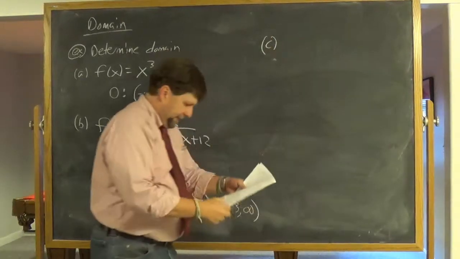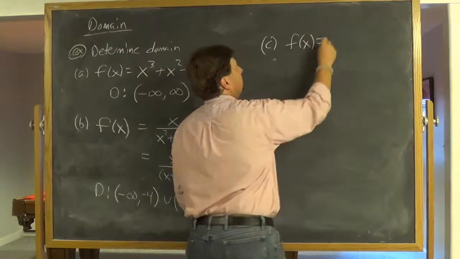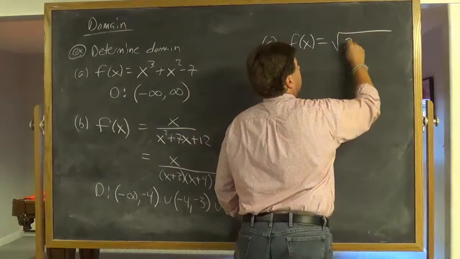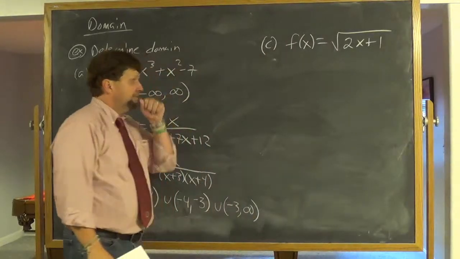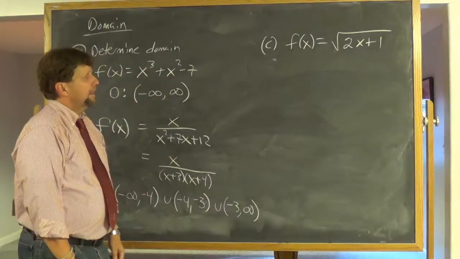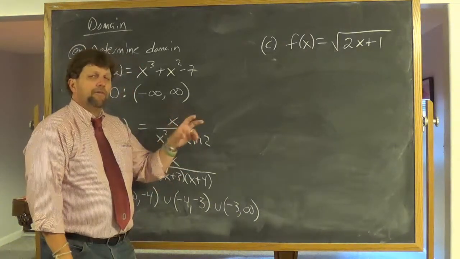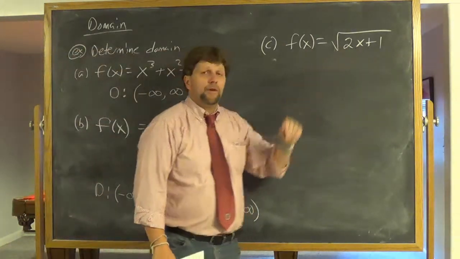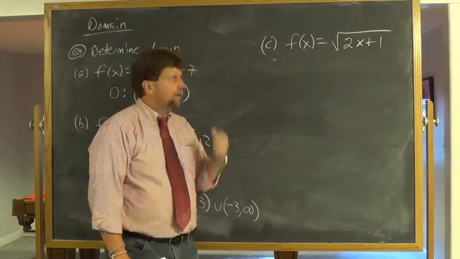Okay, the final one we'll find the domain for is the square root of 2x plus 1. I think I have to worry here. I suppose I could put in a number for x, the independent variable, that would cause a negative to appear under the radical.